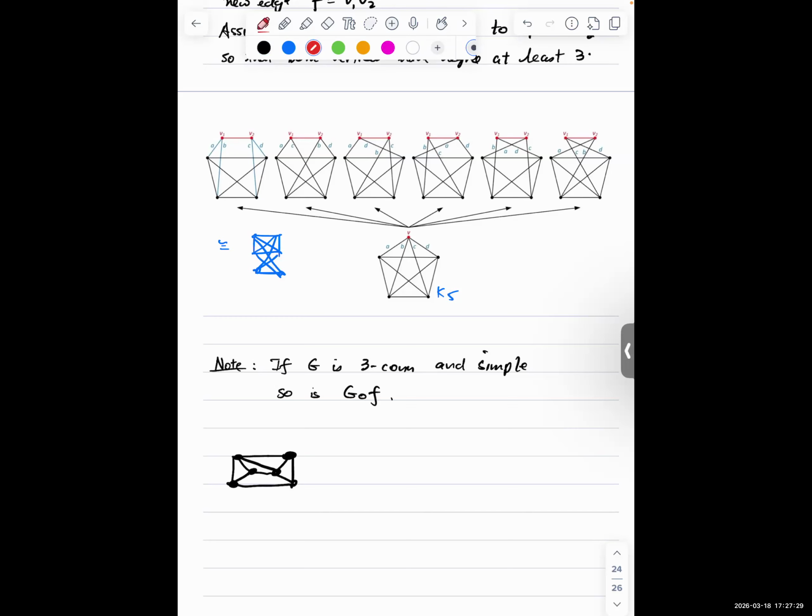Then you can split this vertex, and this vertex, and consider all possible edge assignments. You'll only get 3 non-isomorphic graphs. There are 6 splits of the red vertices and 6 splits of the green vertices, but you only get 3 non-isomorphic graphs.